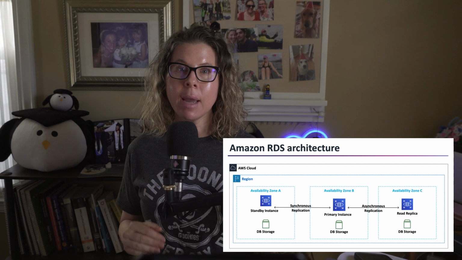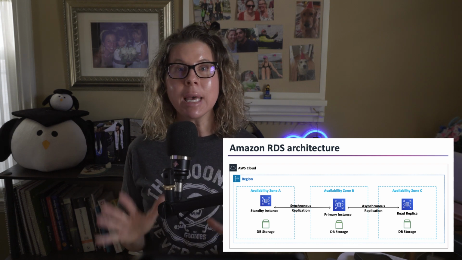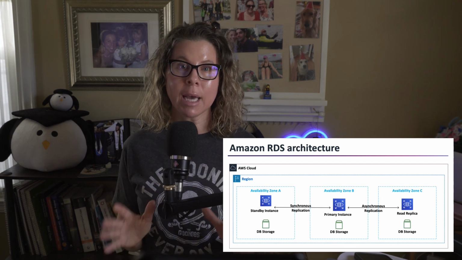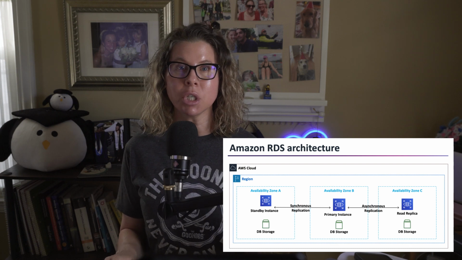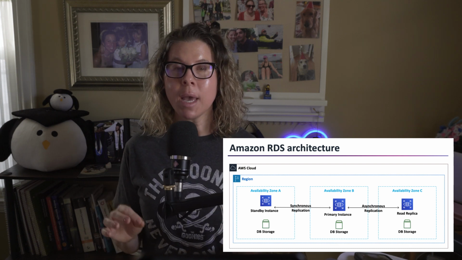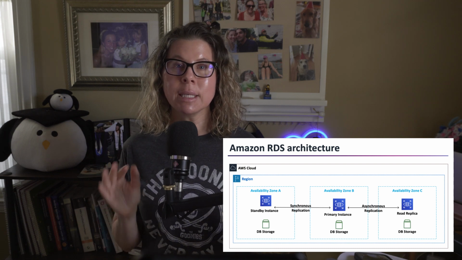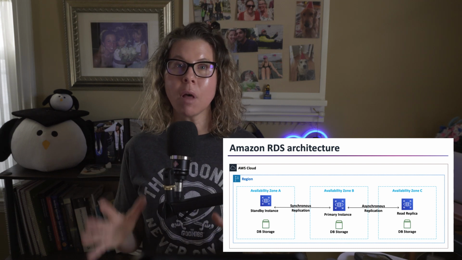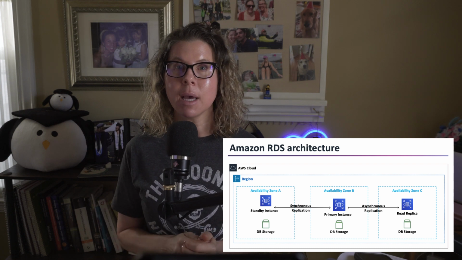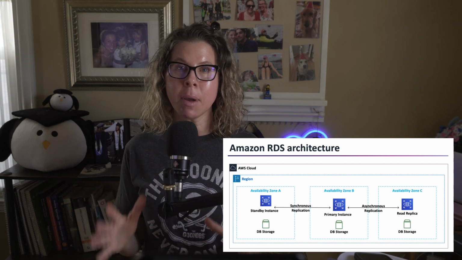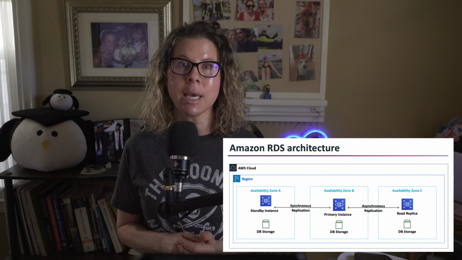And if our primary instance goes down, there is no automatic failover like there is for multi-AZ configuration. You actually have to go in and manually update the DNS name. But read replicas can improve performance if you have a lot of read requests hitting your database. And it also helps if your primary database is getting too many reads.